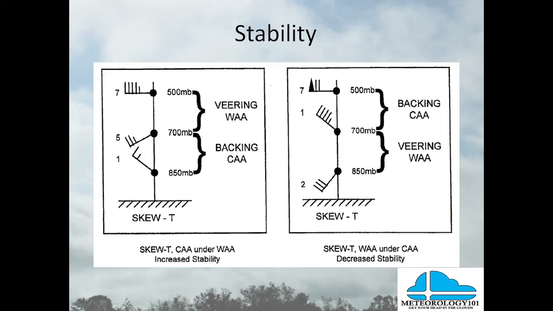Calculating the thermal vector, you don't really have to do that. Just once you get used to what backing is, the winds going up into the upper layers going counterclockwise, and then veering is if they are going clockwise, if that direction changes clockwise.